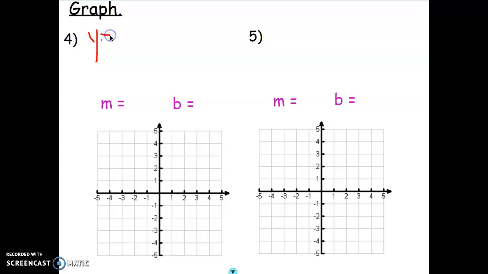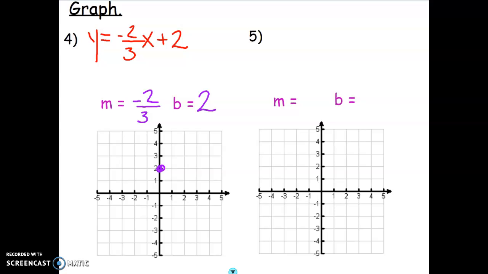So what if our slope's negative? So we could have y = -2/3x + 2. So the +2 tells us that the b value is +2, but our slope this time is negative. So let's start at +2. And then to get a negative slope, remember we have a couple options.